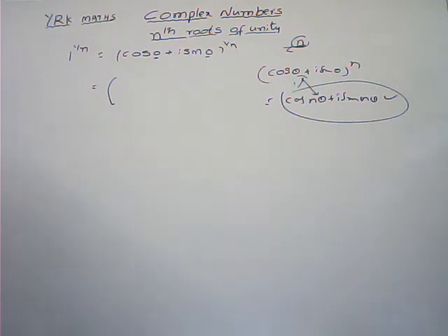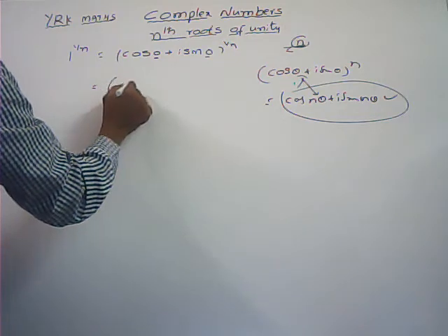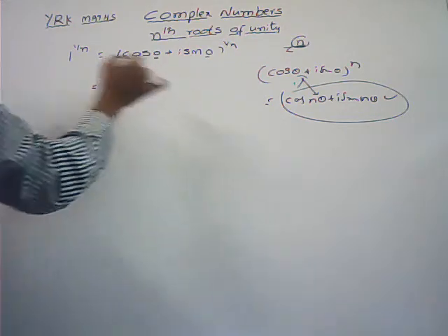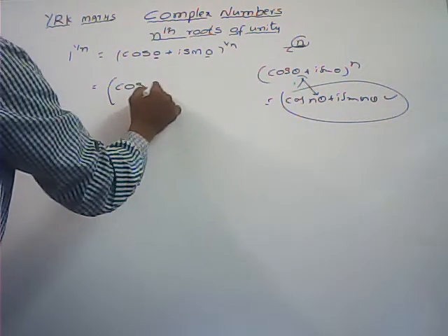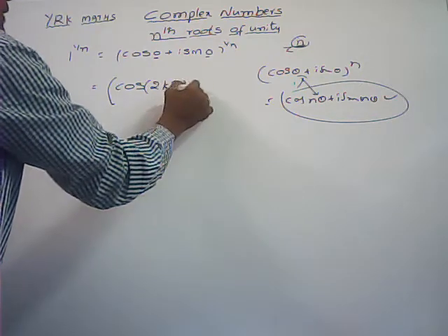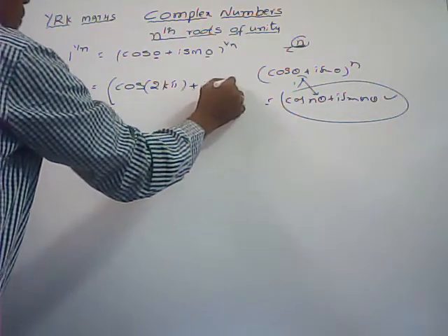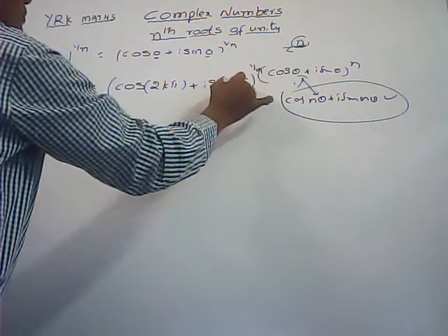So the general value is 2k pi plus theta, 2k pi plus 0, that is 2k pi only: (cos 2k pi plus i sin 2k pi) whole power 1 by n.